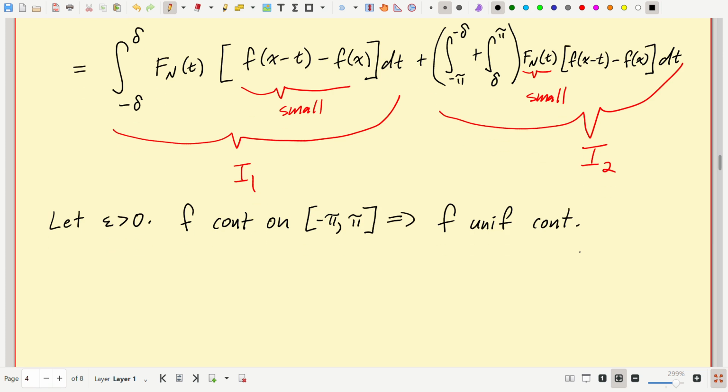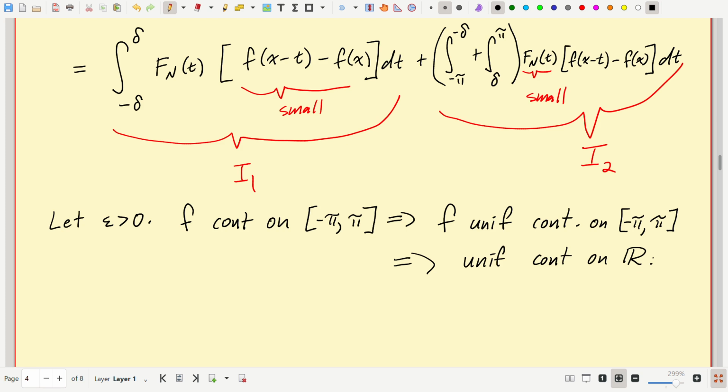And because it's 2 pi periodic, so it's uniformly continuous on minus pi to pi, that implies it's uniformly continuous on R, since it's 2 pi periodic. So remember your theorem from Math 341.